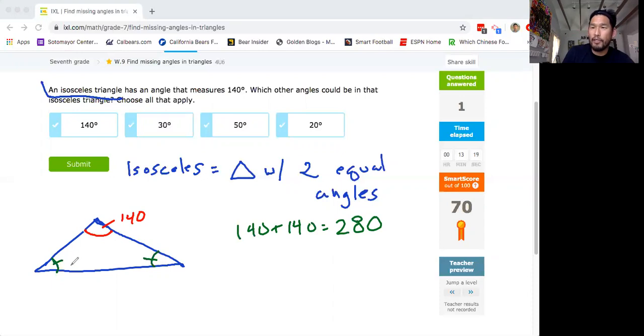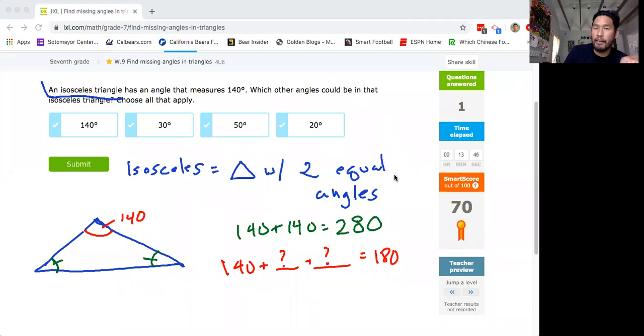So the two angles that are the same can't be 140 degrees each. So knowing that, we know that 140 plus two unknown angles that are the same equals 180. That means I have 40 degrees to split between these two angles.